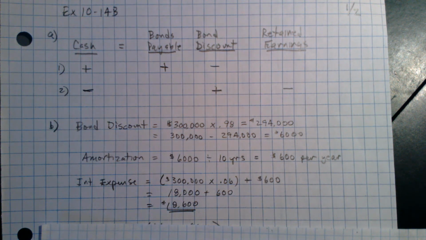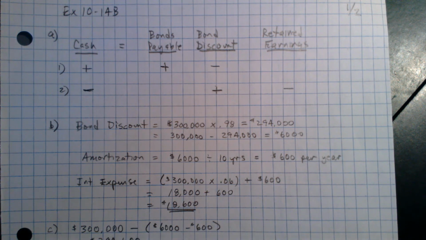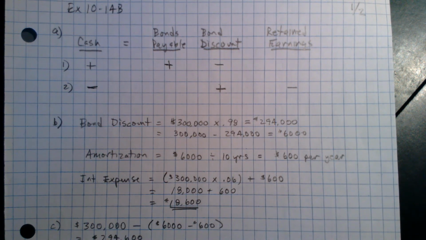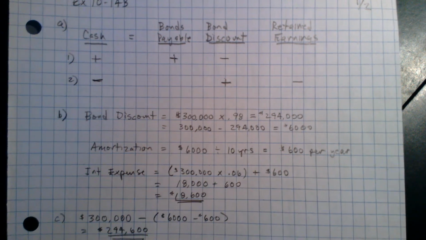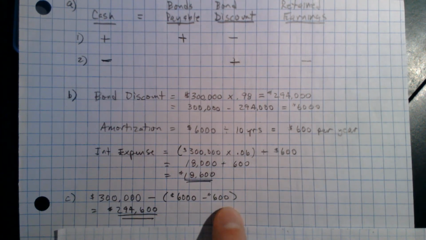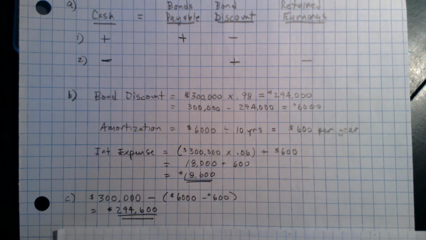So my carrying value to start off with was $294,000. That will increase as I reduce that discount. It'll get closer to $300,000. So the carrying value is $294,600. It's $300,000 minus the remaining discount, $6,000 minus $600.